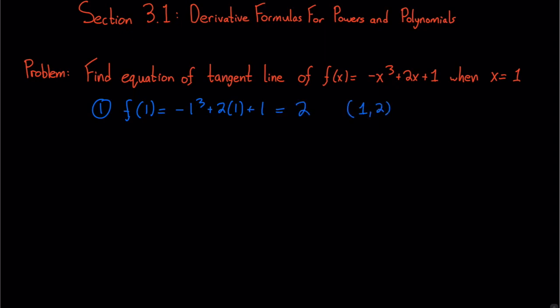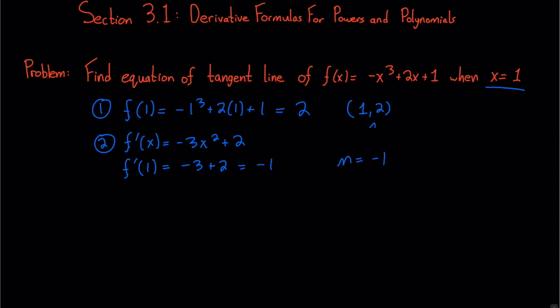But to find the equation of the line, we need a point and the slope. To find the slope, we're going to find the derivative using our power rule. Looking at the function, we have negative 3x squared plus 2. Now to find the slope, we'll plug in the point they gave us, 1, and we should get the slope. So now we know the slope is negative 1.